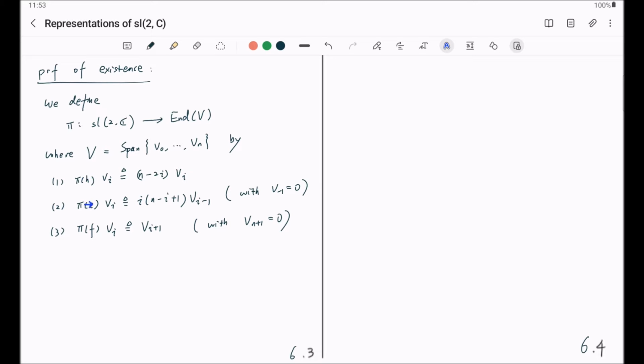Because h, e, and f span sl2C, and the vi's span V, we can extend pi linearly to the whole sl2C.